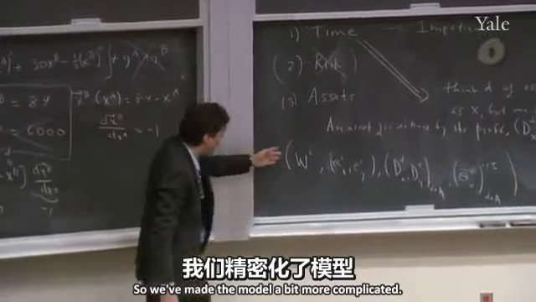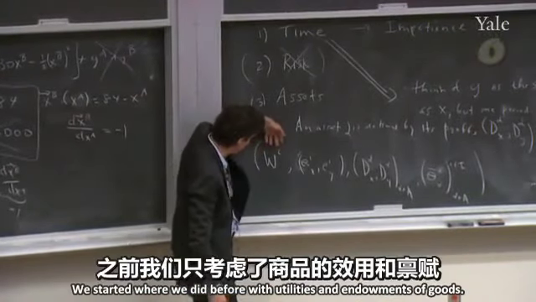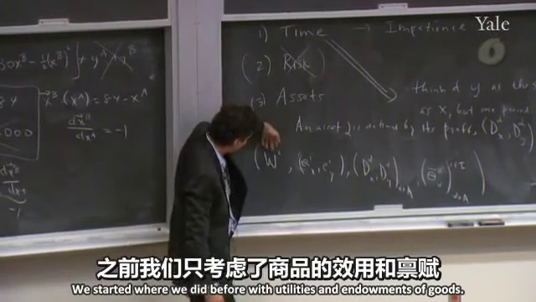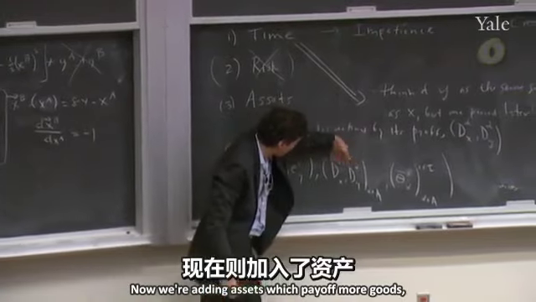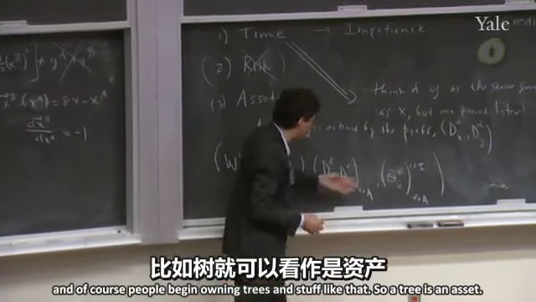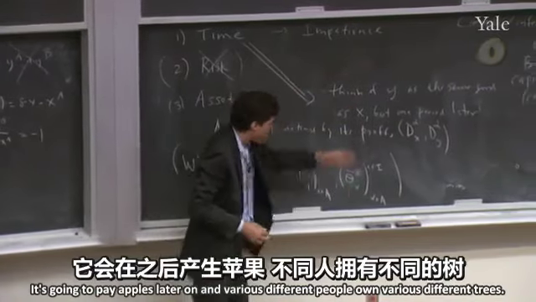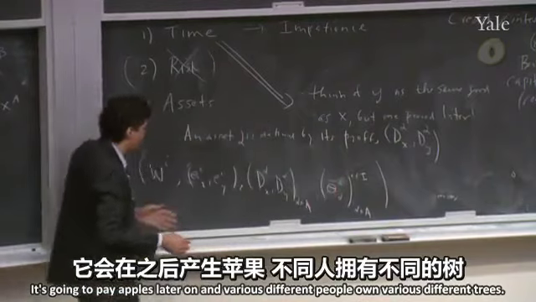Okay, so we've made the model a bit more complicated. We started where we did before with utilities and endowments of goods. Now we're adding assets which pay off more goods, and of course people begin owning trees and stuff like that. So a tree is an asset. It's going to pay apples later on. And various different people own various different trees.